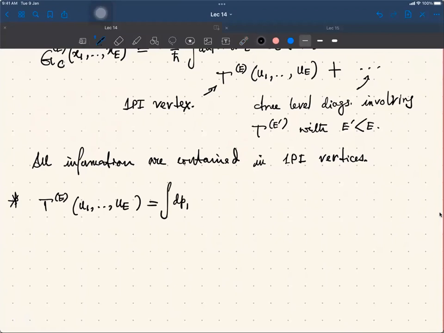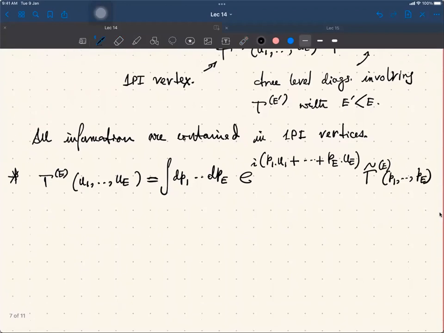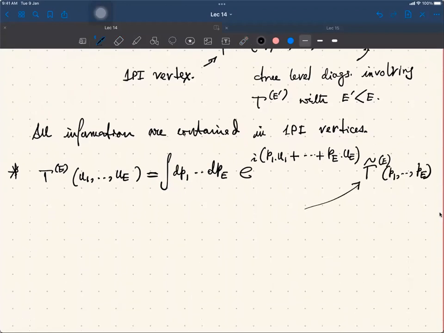It's given by integral dp1 to dpE e to the power i p1 dot u1 through pE dot uE Gamma tilde(p1 to pE), where this Gamma tilde has a loop expansion, sum over L equal to 0 to infinity, F of lambda, m, that doesn't depend on P, I guess.